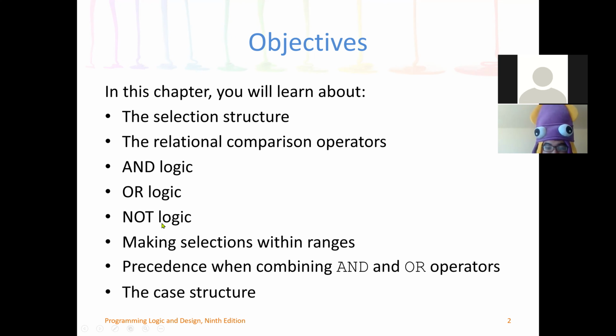So NOT will execute first, then the AND, and then the OR. AND is like multiplication, OR is like addition, then NOT. Now, if I have a condition in parentheses, even if the condition is AND or OR, that will execute first. So parentheses always execute first when we combine many logical operators.